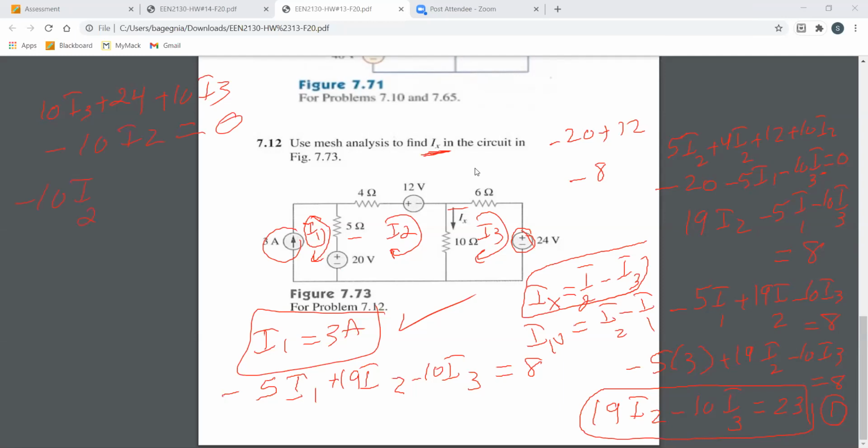Rearrange the equation. Did I put the 6 here? Oh, that would be 6. Sorry. Okay, 6I3 plus 10I3, so it'll be 16I3 equals negative 24.